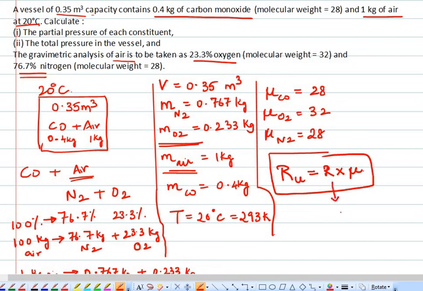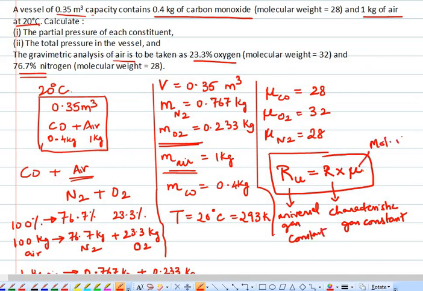So this is characteristic gas constant and this is universal gas constant, and mu is the molecular weight.